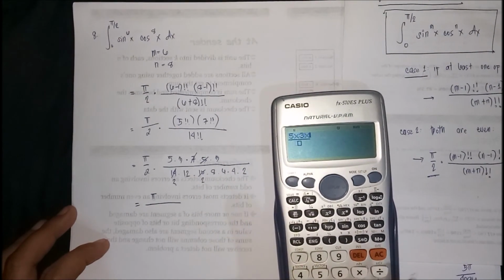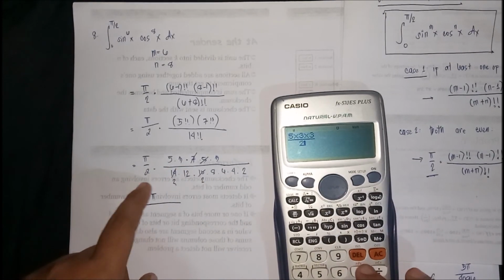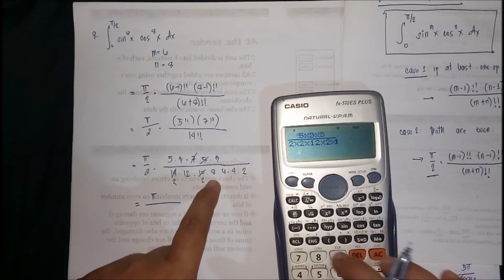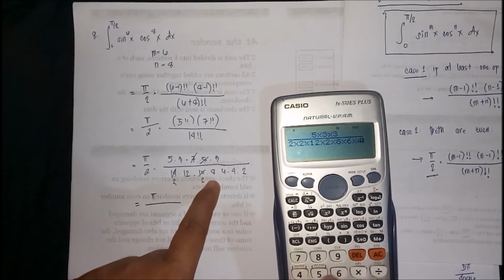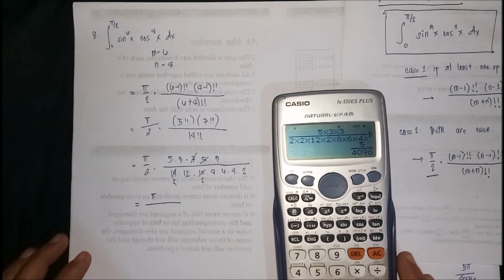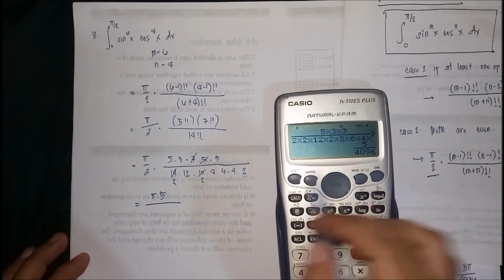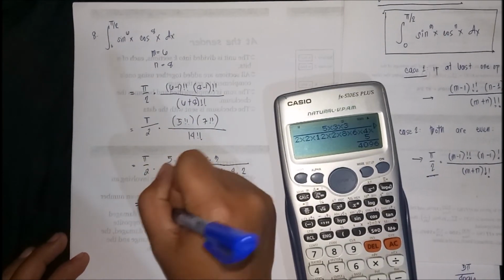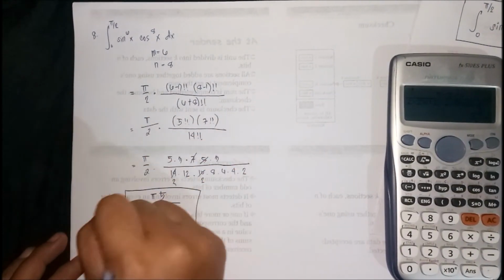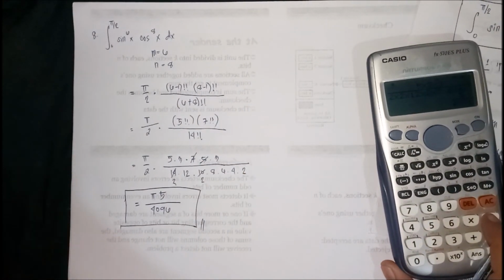This is 5 times 3 times 3 over 2 times 2 times 12 times 2 times 8 times 6 times 4 times 2. So we have 5 yung numerator, class, all over 4096 sa denominator. So this is our final answer using Wallis formula.